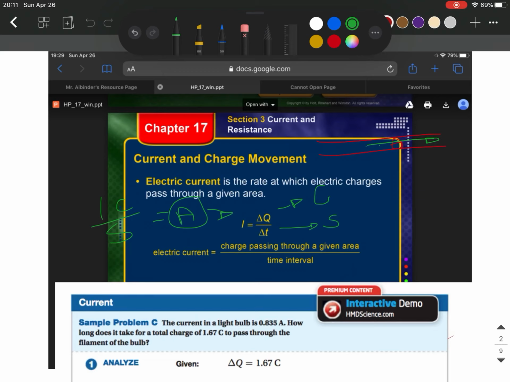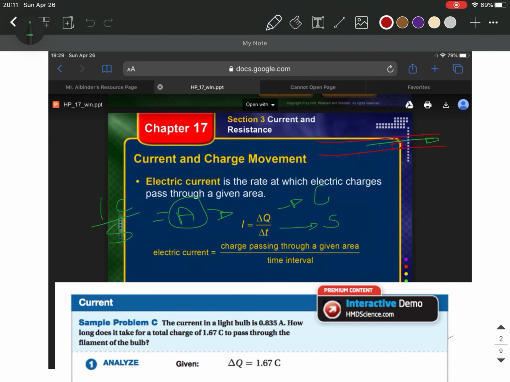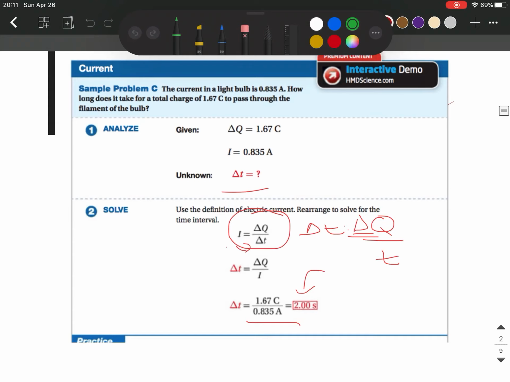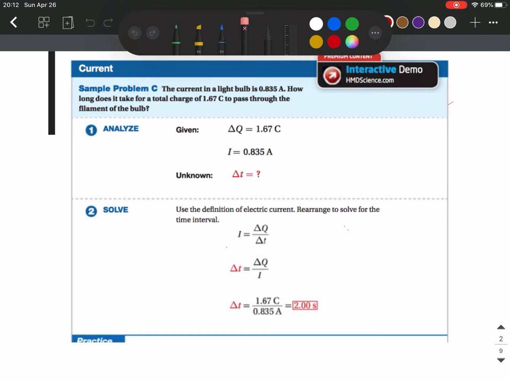Let me do an example on electrical current. The current in a light bulb is 0.835 amperes. So that right there is the current.